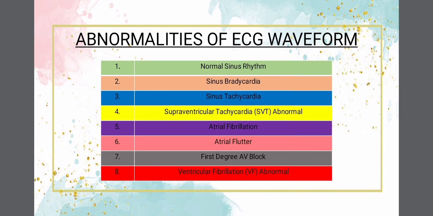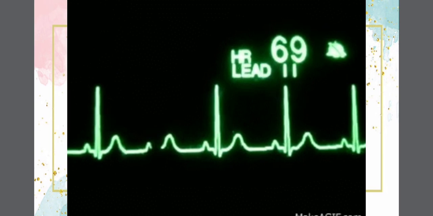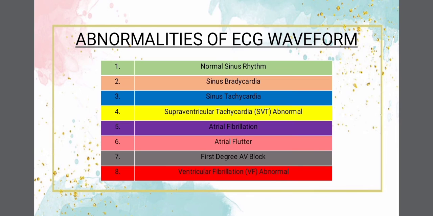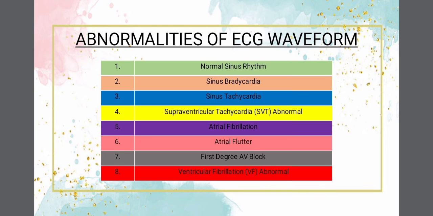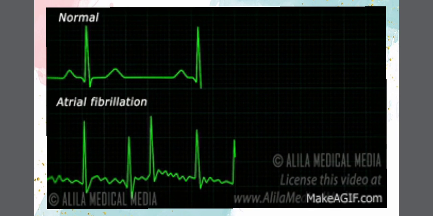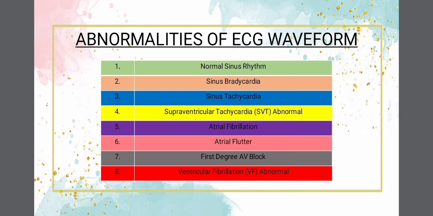These are some of the abnormalities of ECG waveform: normal sinus rhythm, sinus bradycardia, sinus tachycardia, supraventricular tachycardia, atrial fibrillation, atrial flutter, first degree AV block, and ventricular fibrillation.